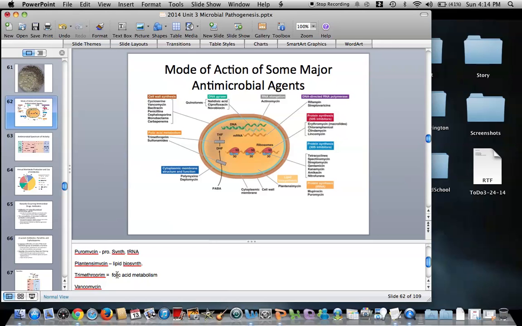Could say 3 trimesters. That would make a lot of sense. 3 trimesters in a pregnancy. Affecting folic acid.